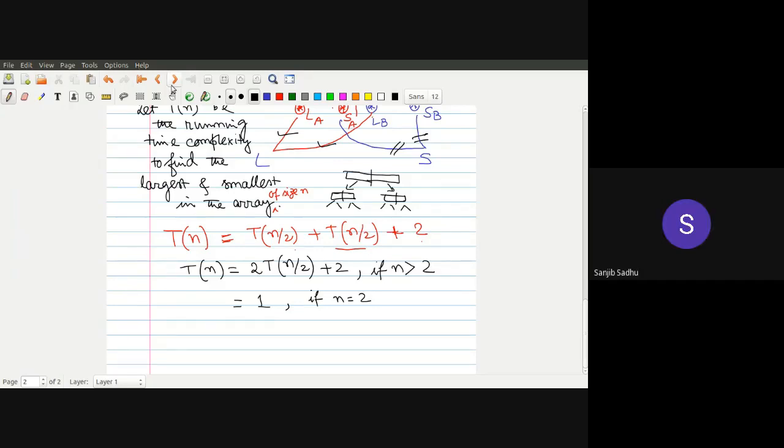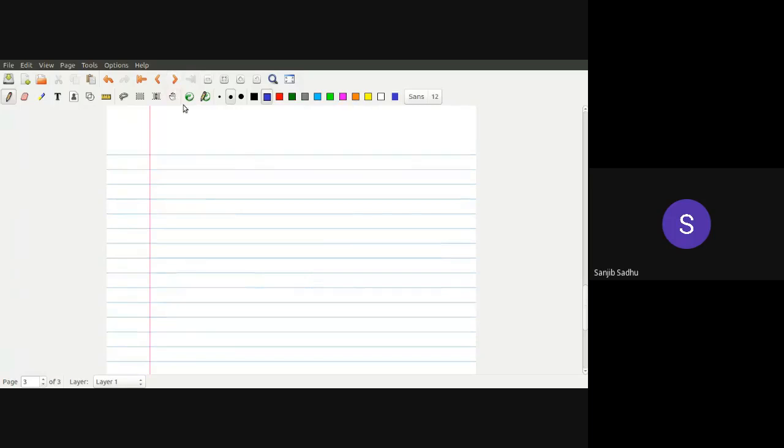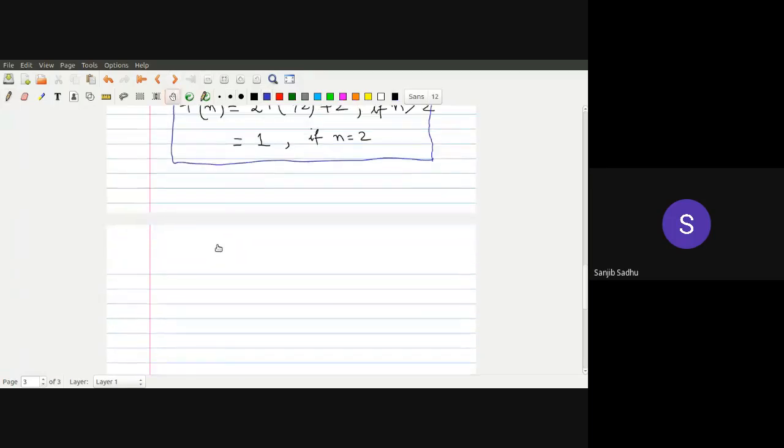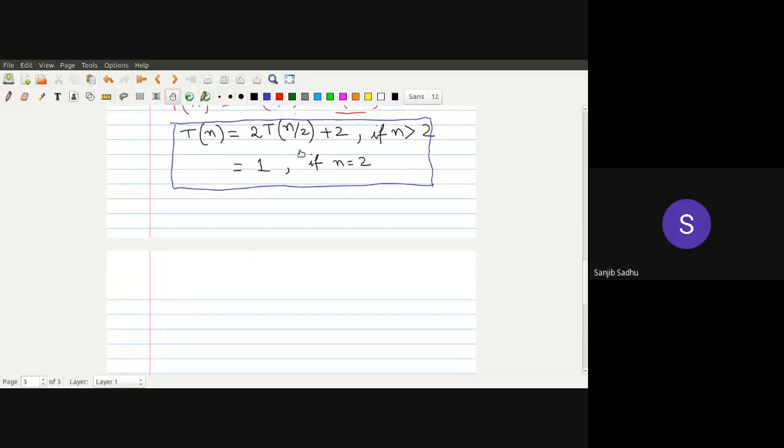Now I am going to the solution. So this is called the recurrence equation. Now we need to solve it. How? Here T(n) is 2T(n/2) plus 2, and this is the terminating condition, meaning when it will terminate.